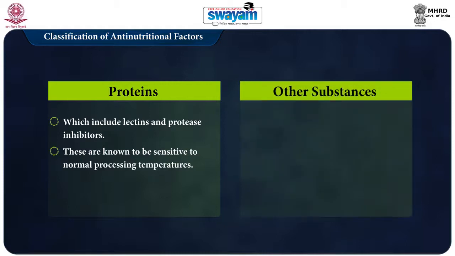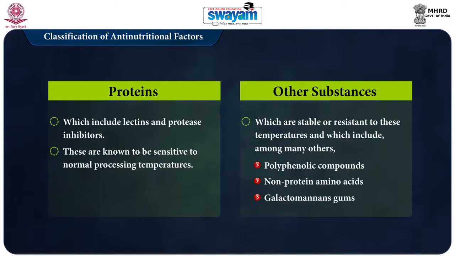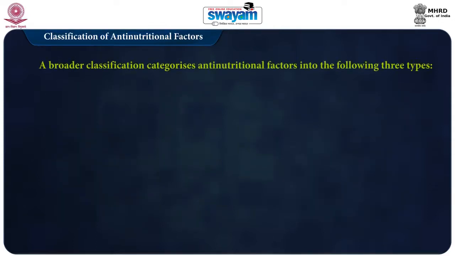Other substances which are stable or resistant to these temperatures and which include among many others polyphenolic compounds, mainly condensed tannins, non-proteins, amino acids and galactomannans gums. The other classification, let us see how anti-nutritional factors are classified in other ways also.